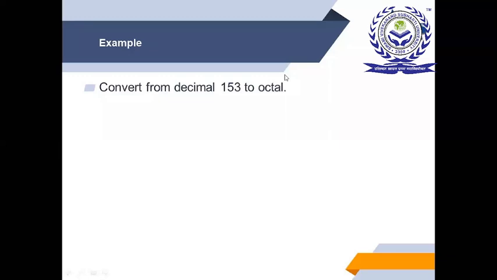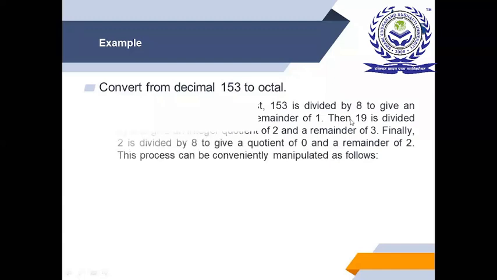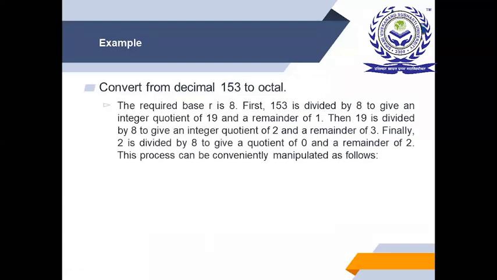In this example, we have to convert decimal 153 to octal. The octal number base is 8. So we divide 153 by 8 and arrange the quotient and the remainder. The remainder is your a0. Here the required base is 8.